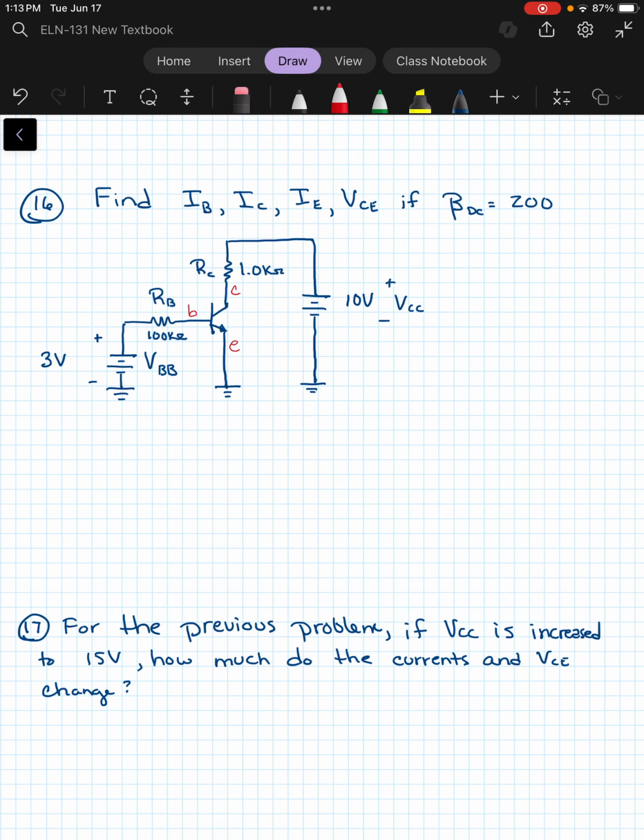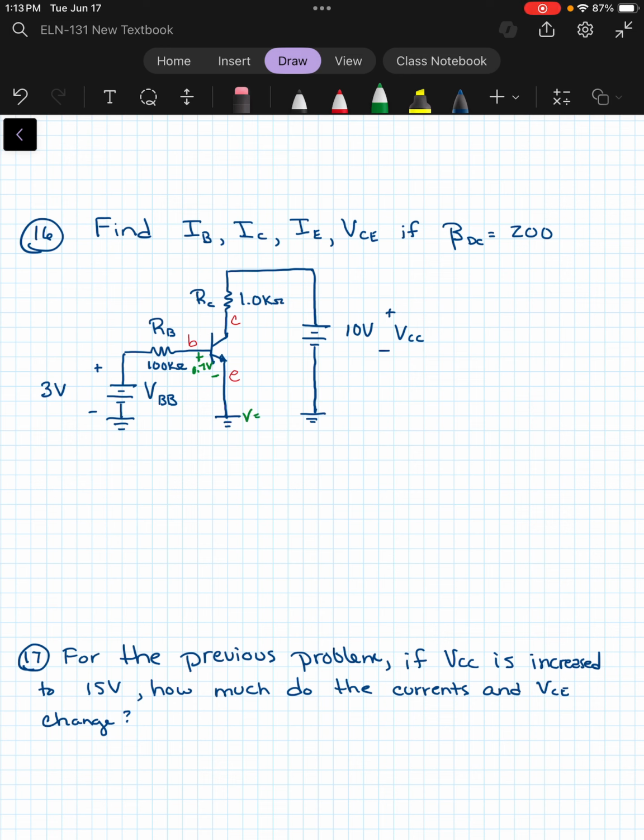Something else that you need to remember is that the voltage drop from the base to the emitter for an NPN transistor should be about 0.7 volts. So keep that in mind. At ground means we're at a zero potential, or that's our reference voltage. So whatever it is, at point B we would be at a 0.7 volt greater potential than whatever we have at E. So if we're assuming that's a zero, that would be 0.7.